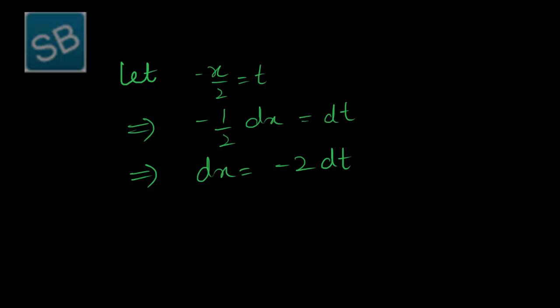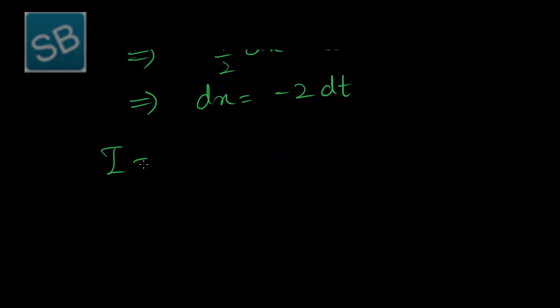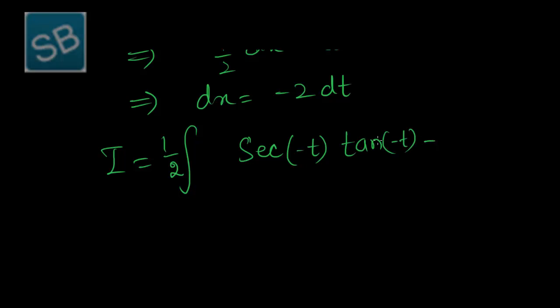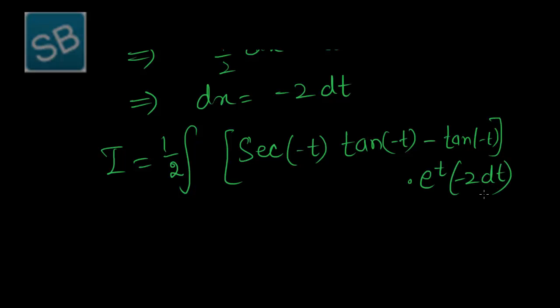So we replace in the integral, I becomes half of secant of minus t, because we have secant x by 2 it becomes secant minus t, tan of minus t minus secant of minus t, into e raised to power t into minus 2 dt.